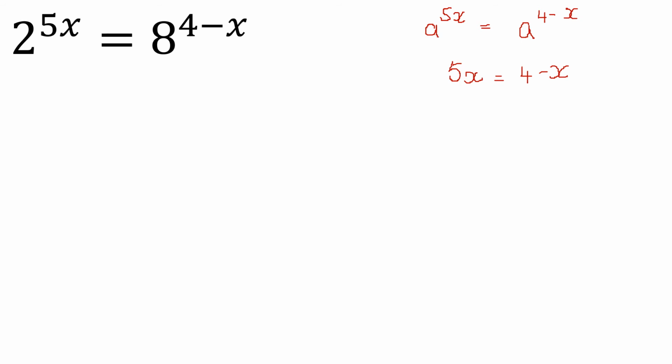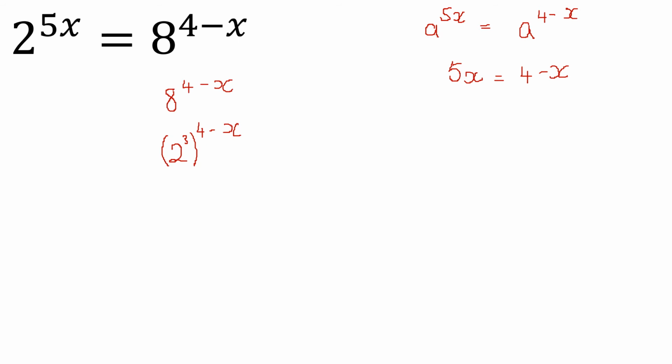So think of the number 2 and the number 8. Is there any way that we can get their base to be the same? Hopefully you've spotted that we can rewrite the 8 as 2 to the power of 3, and that is to the power of 4 minus x.